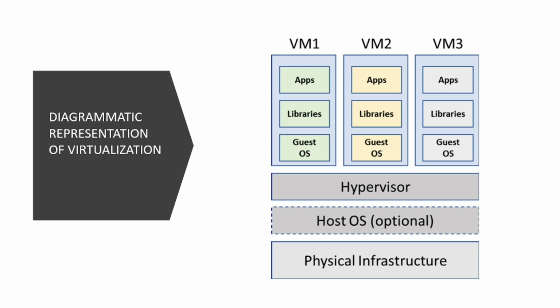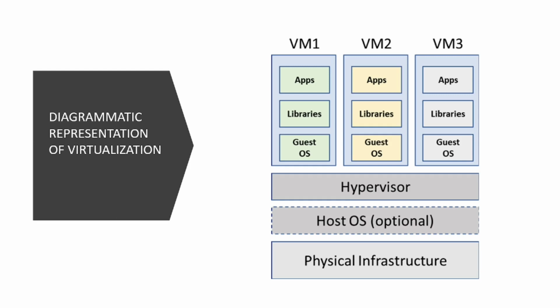This allows us to create several virtual environments within the physical machine. We will look into the installation and configuration of the hypervisor software in our demo. Once the hypervisor is installed on top of the physical infrastructure, we are now ready to perform our virtualization.